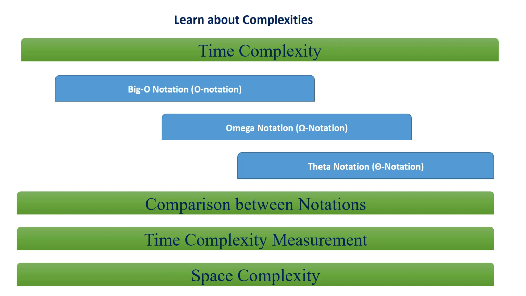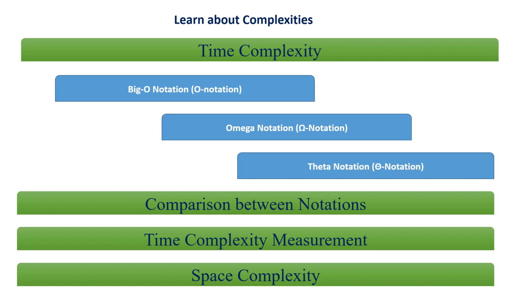Before moving towards time complexity, we'll check three notations, that is asymptotic notations. These asymptotic notations are nothing but big O notation, omega notation, and theta notation.